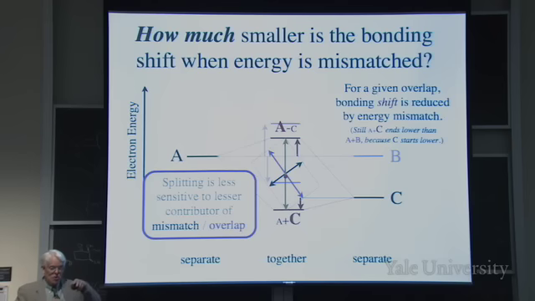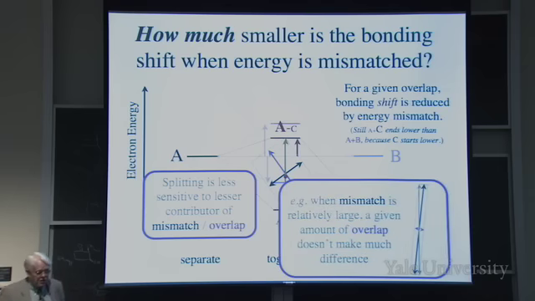There are two contributions. The overlap part, that's the blue arrow, and the energy difference, the energy mismatch, which is the black arrow. But if one of those is very small, like here, the mismatch, which is black, is very big, and the overlap, the blue one, is very small, you can see that the length of the diagonal is not going to be very sensitive to what the overlap is.